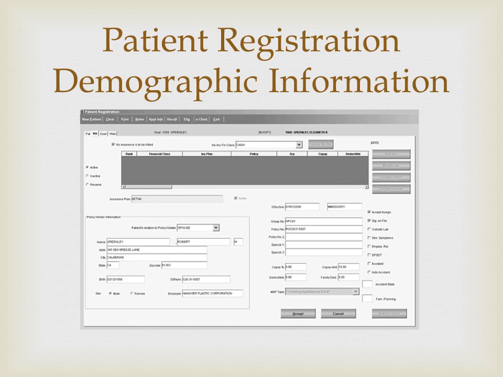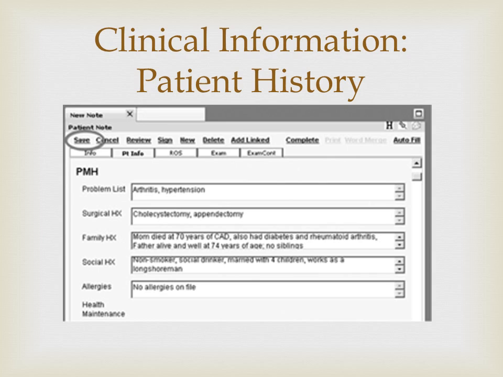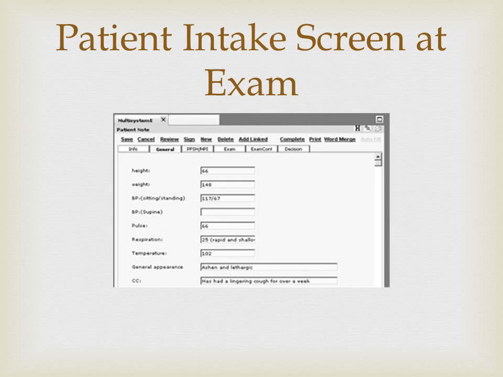I put a slide up here of an example of a patient registration demographic information screen. I put a slide in here that is an example of patient history on the clinical side. I also put in an example of a patient intake screen.